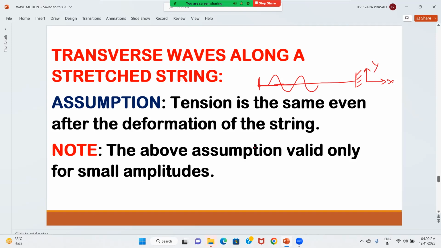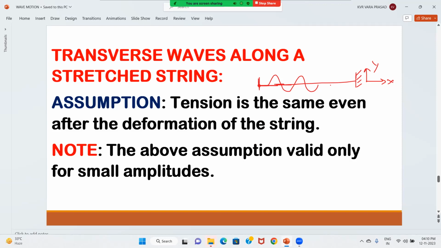Here we are taking one important assumption, that is, tension is the same even after the deformation of the string. Initially we are holding the string tightly, so there is a tension. But if you observe, when the string shape is like this, its length is greater than the original length of the string, right? That means the string has elongation, and when there is elongation in the string, its tension changes.